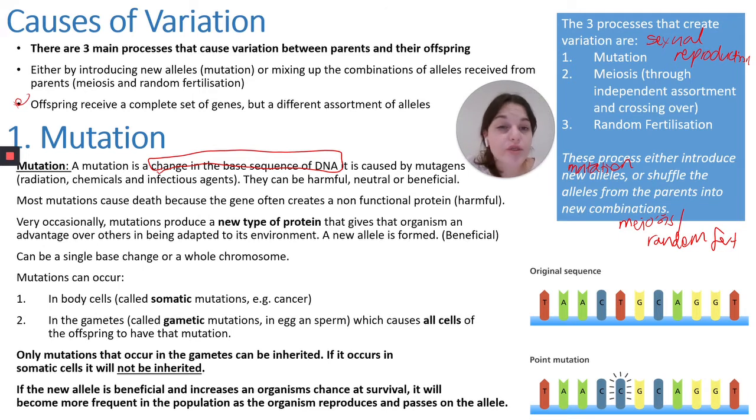3 options: mutations can be harmful, so they can make your survivability lowered, or they could be neutral, like they don't do anything, or they could be beneficial, so they actually help you to survive. Most mutations end up causing death, of the fetus or eventually in life, because the gene often creates a completely non-functional protein. So we've already had a look.